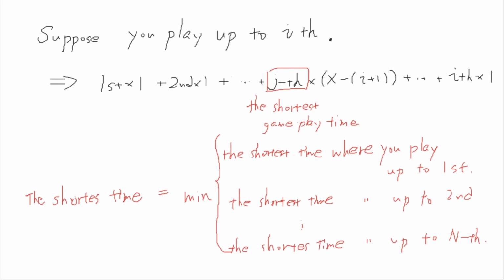So computing the shortest time is complicated, but if you suppose you play up to the i-th stage, if you add this hypothesis, you can easily calculate the shortest time under the assumption.